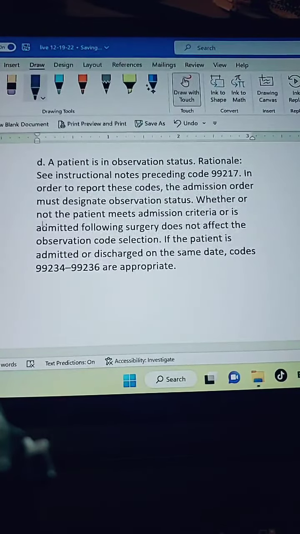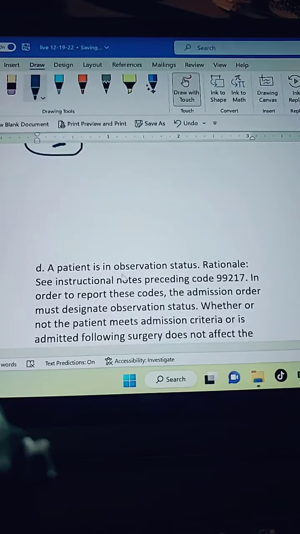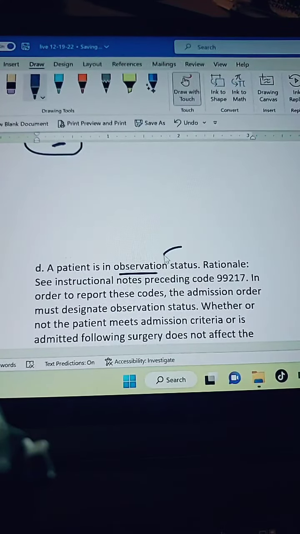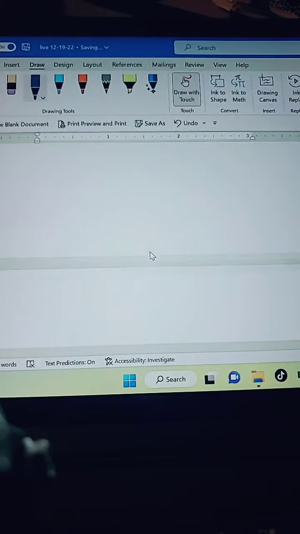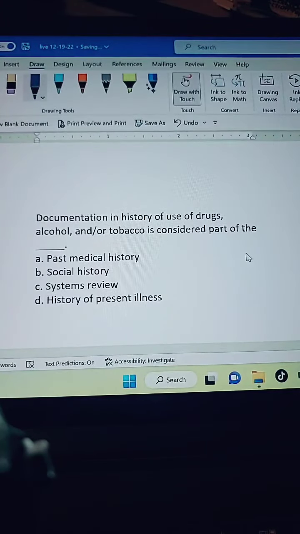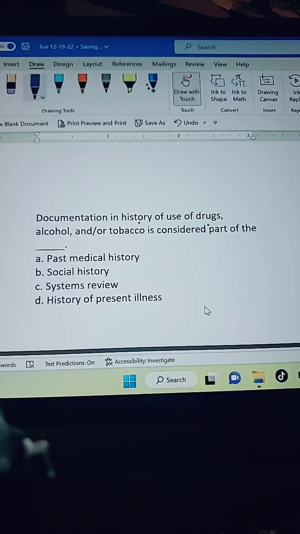They write that question 15,000 different ways, but if you ever say observation and one of your answers has the word status in it, status is your answer. They just rewrite that question a ton of times. Documentation on history, use of drugs goes where? Where do we put it?